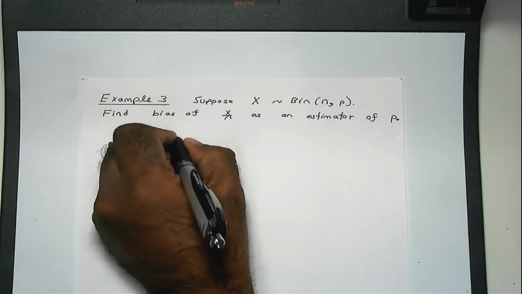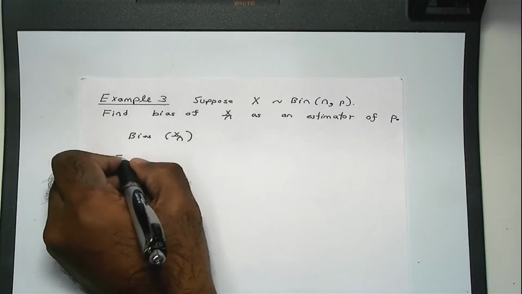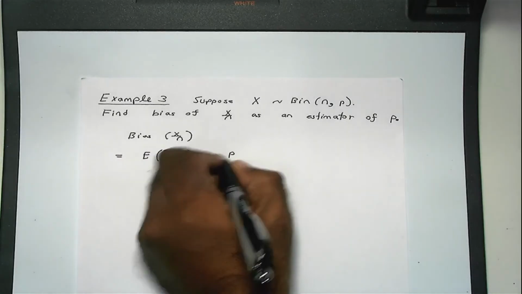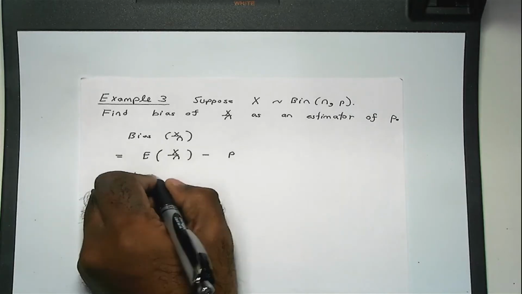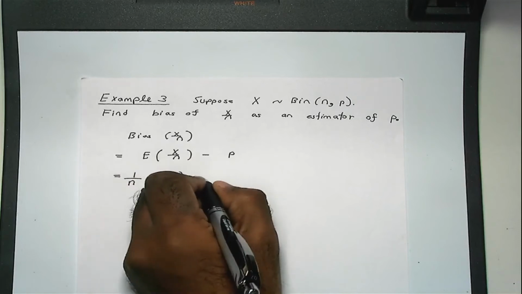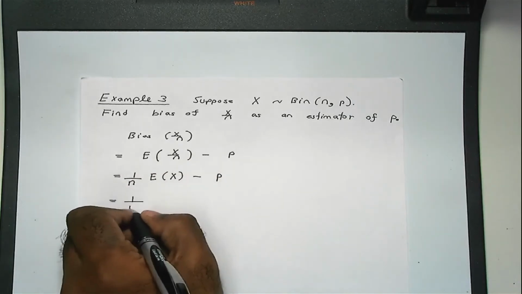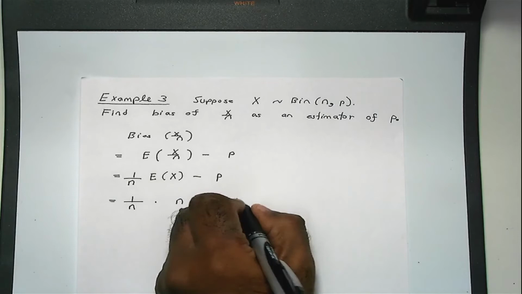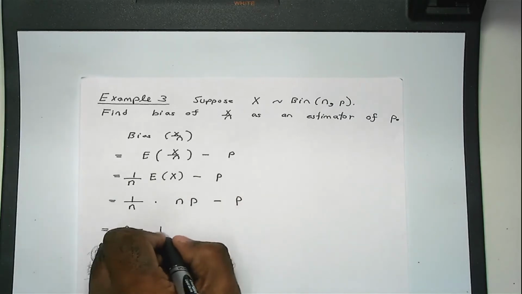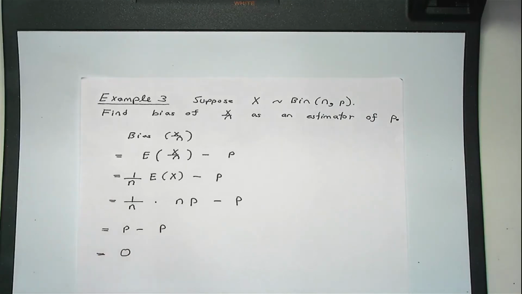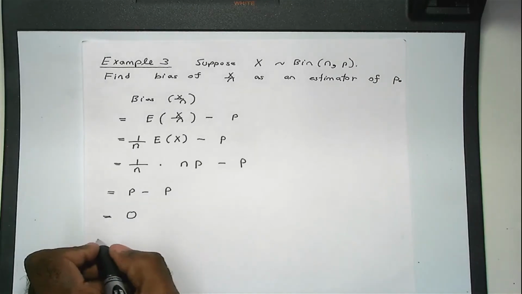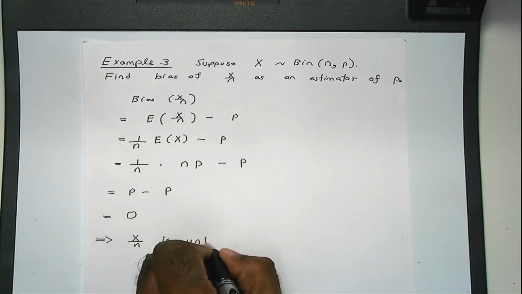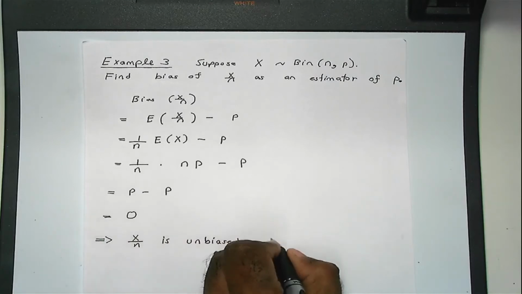So let's... Okay. So this implies that x divided by n is unbiased for p.